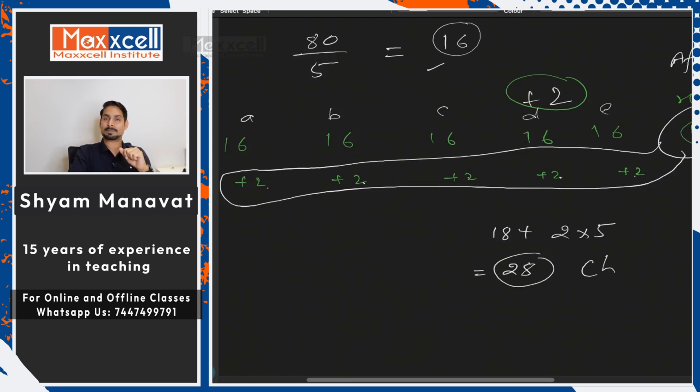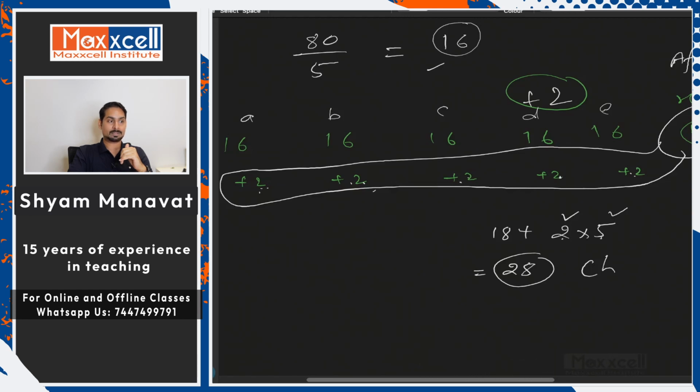Did you understand this part? 16 plus 2 plus 2 plus 2 plus 2 plus 2. I don't want to do plus 2 plus 2 like this. I want to write it as average increases by 2 of the remaining 5 people. So he must have distributed 2 chocolates to 5 of them.